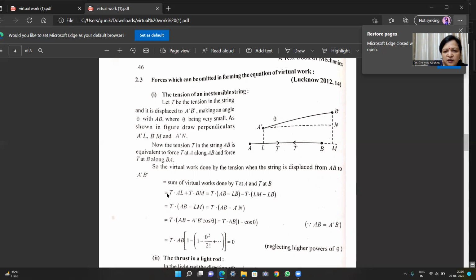So this will be T into AL, this displacement is AL, plus T into BM, this displacement is BM. Now AL is AB minus LB and BM is LM minus LB.